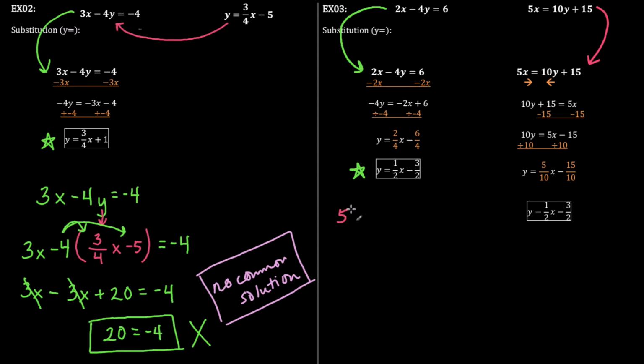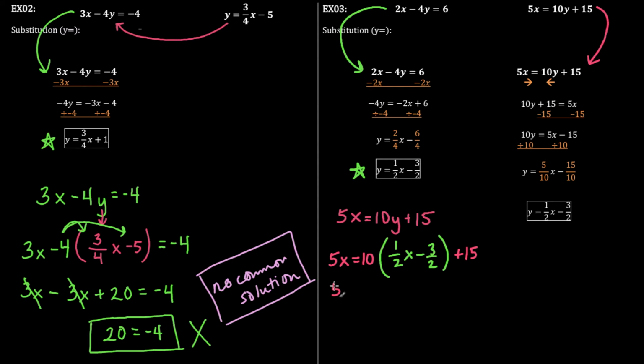So 5x equals 10y plus 15. And I will substitute in this y, 1/2 x minus 3 over 2. Okay, so I get 5x equals 10 times all that plus 15.